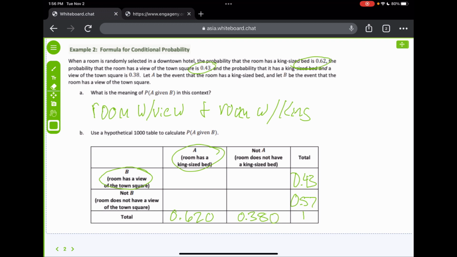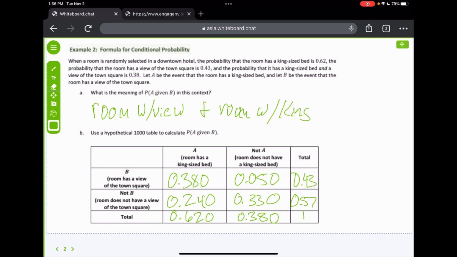Now the other thing that we know is that it's a king size and has a view, and that is 0.380. Now we can calculate the remainder of the table. So this would simply be 0.050, and hopefully you do not have trouble with this. If you do, you need to be asking.